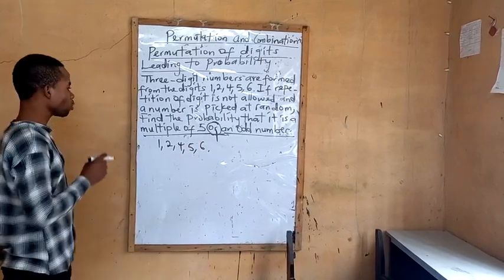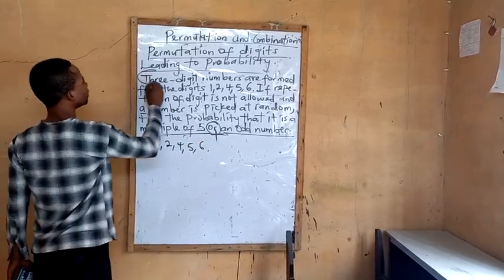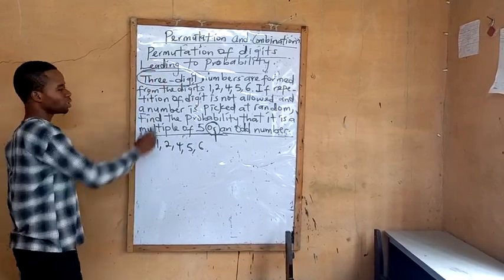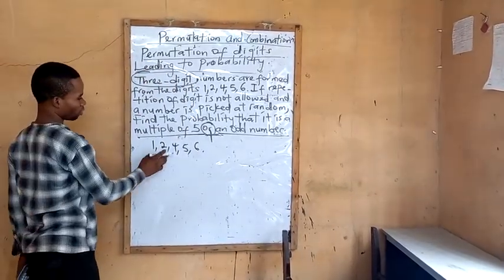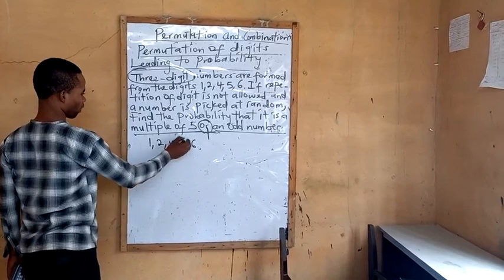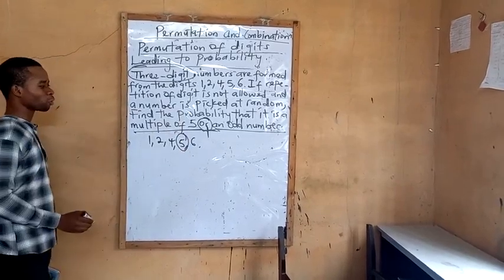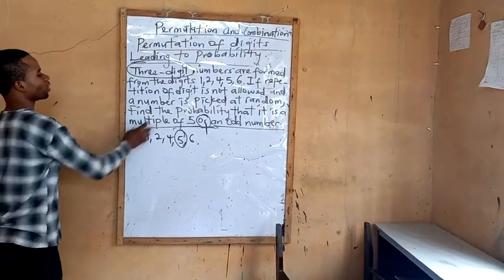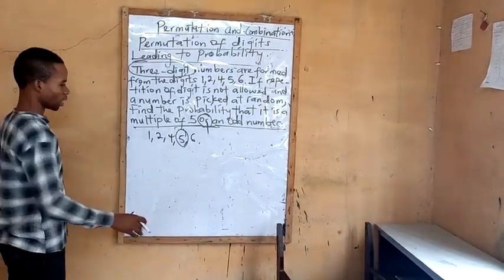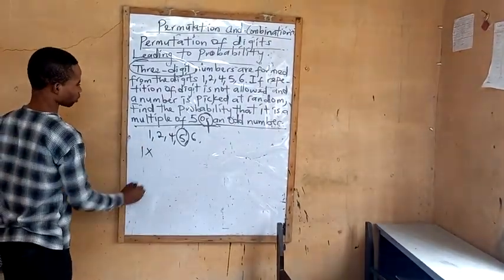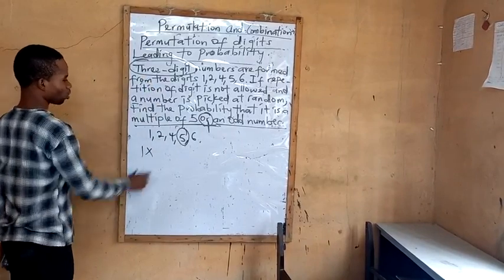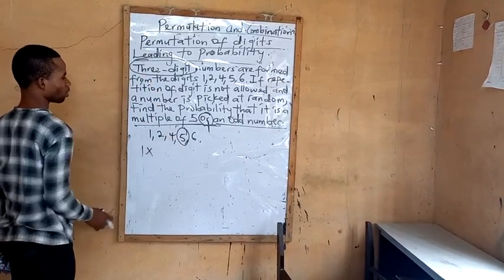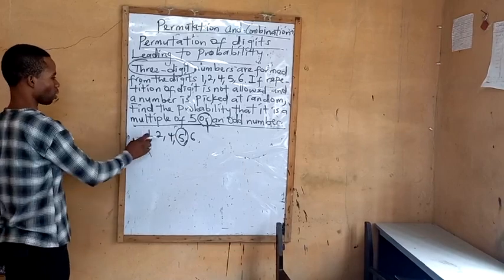For a multiple of 5, I'm going to form the 3 digits. The first digit is the 5. When we are picking a multiple of 5, you start from 5, and which is 1. I don't have anything else that is a multiple of 5. So that is 1 times, because I'm going to form 3 digits. So this 1 will occupy how many places? 1, 2, 3, 4, 5.